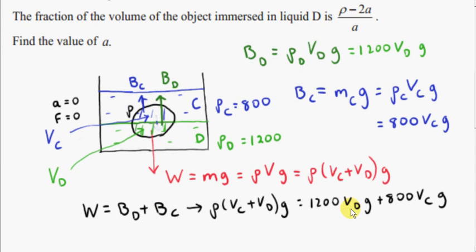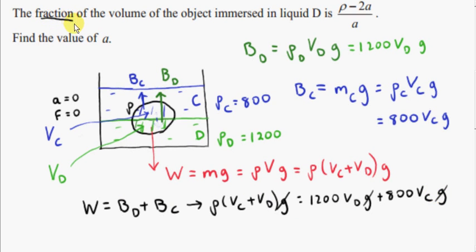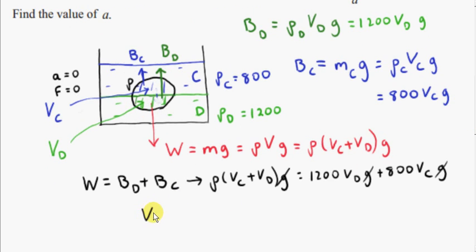We can divide everything by g here. Now we are interested in the fraction of the volume of the object immersed in D. So that means that we have to take the volume of the object that's immersed in D, which is VD, and divide it by the total volume, which is VC plus VD.